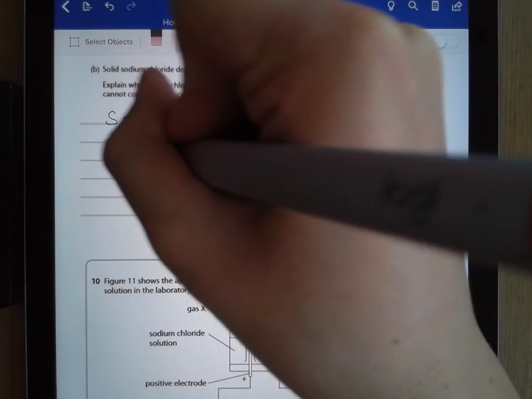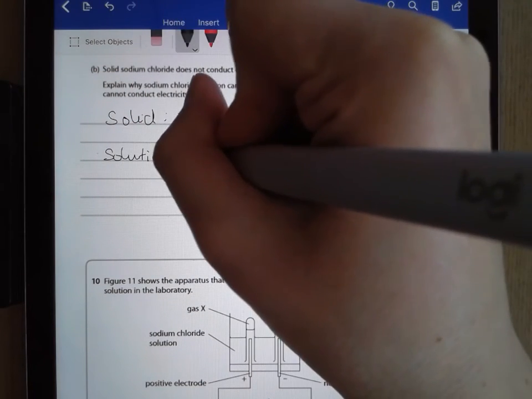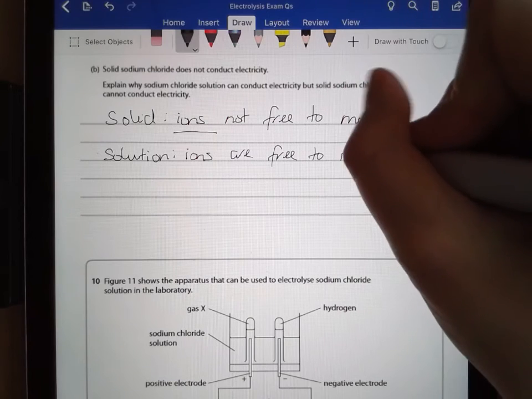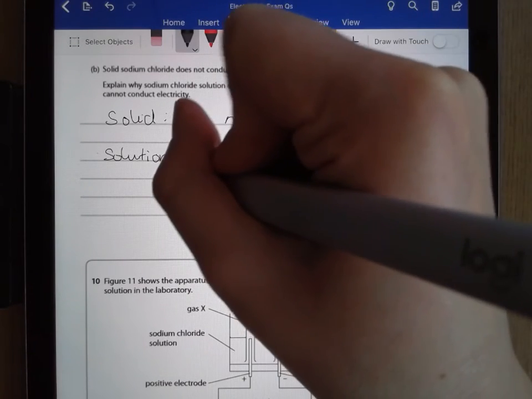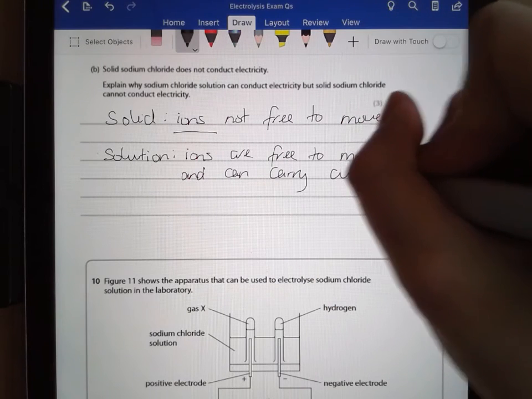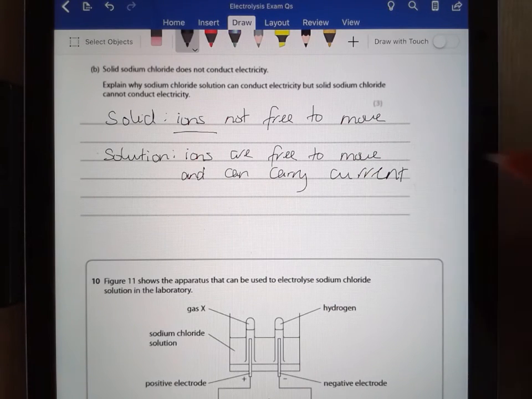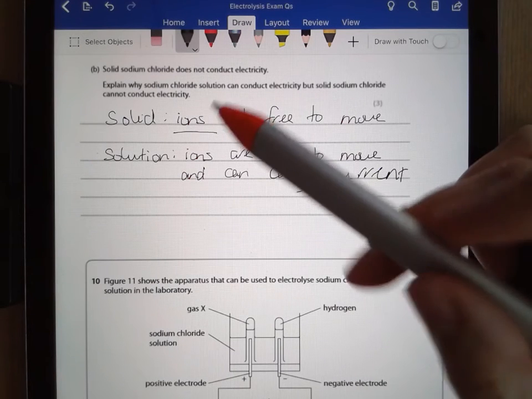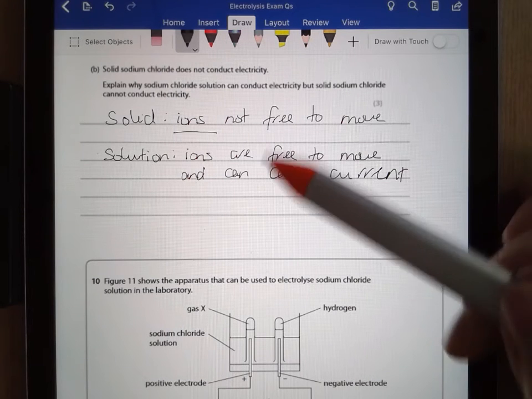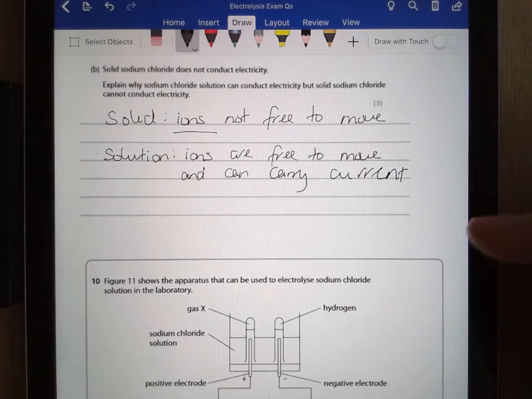When it's a solution, the ions are free to move and can carry current. You can't just say particles, you have to say ions. You can't say delocalised electrons. So you get 1 mark for mentioning ions, 1 mark for saying that they can't move in a solid, and a third mark for saying that they can move in a solution.